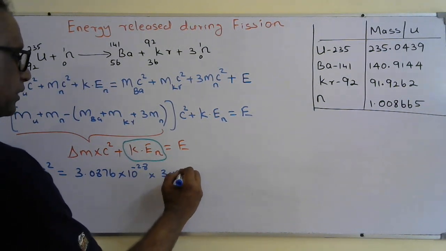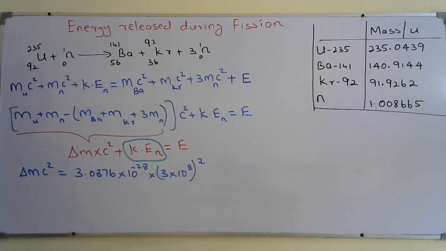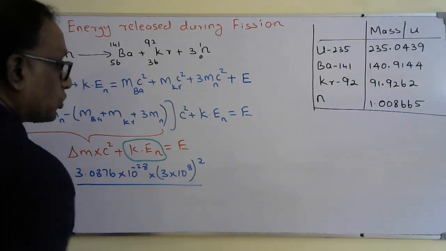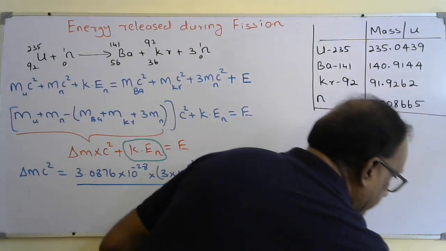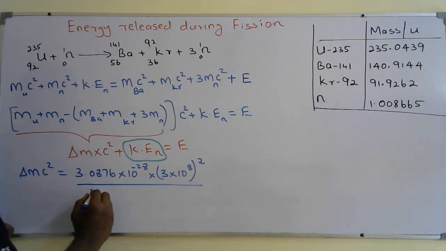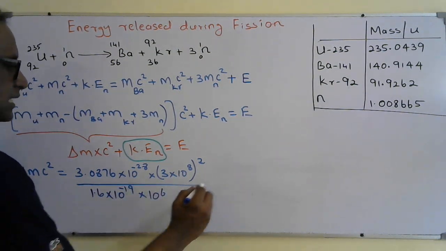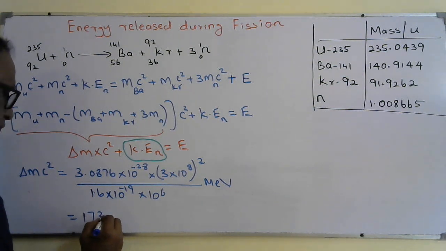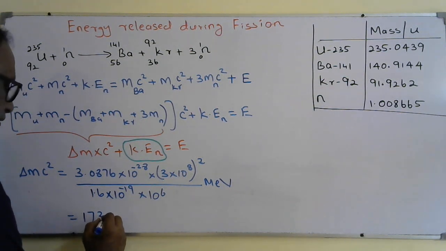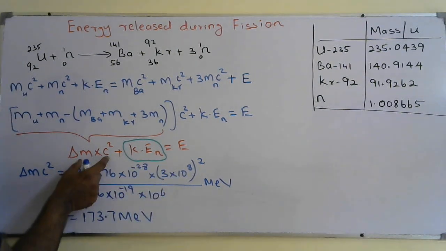I'm going to find delta M c squared in mega electron volts: 3.0876 times 10 to the power minus 28, times 3 times 10 to the power 8, all squared. I'll get it in joules, then convert to mega electron volts, since normally we give it in electron volts or mega electron volts. To convert to electron volts, divide by 1.6 times 10 to the power minus 19, and for mega electron volts, 10 to the power 6. There you will get the final answer, 173.7 mega electron volts.